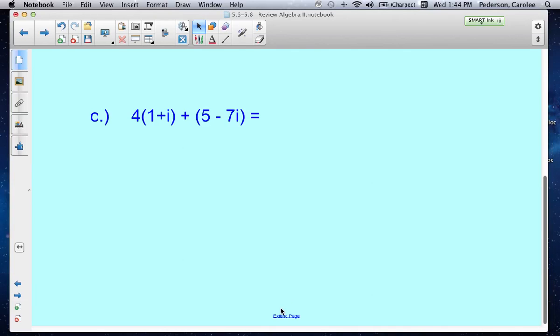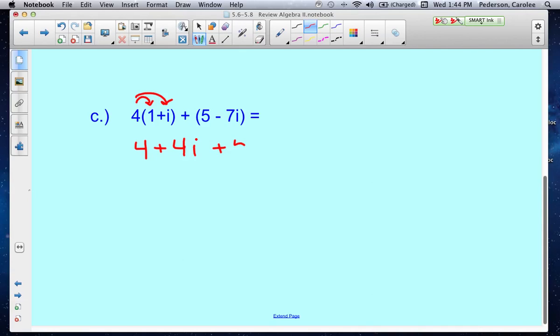Alright. So what do we want to do first? FOIL, distribute, yep. So we distribute the 4 in. Then we get 4 plus 4i. Anything to distribute in that second parentheses? Nope. And then some students are going to just group them together and then combine like terms.